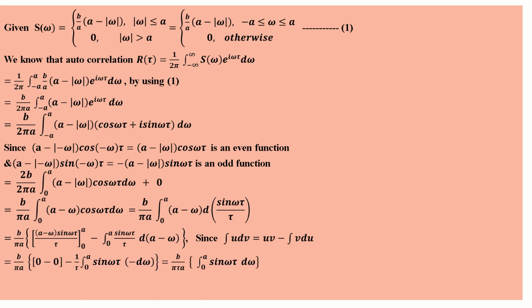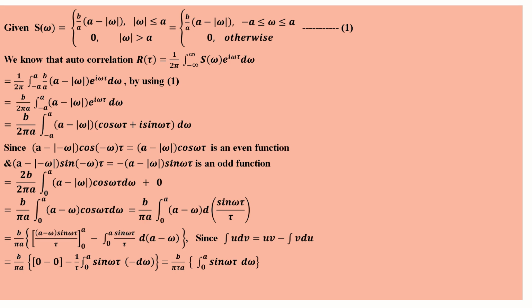So applying the upper limit, instead of omega you are putting a, so a minus a is 0. Whenever you apply the lower limit 0, sin 0 is 0, so 0 into something is 0, so you are getting 0. 0 minus 0, minus, 1 by tau is constant with respect to that integration.